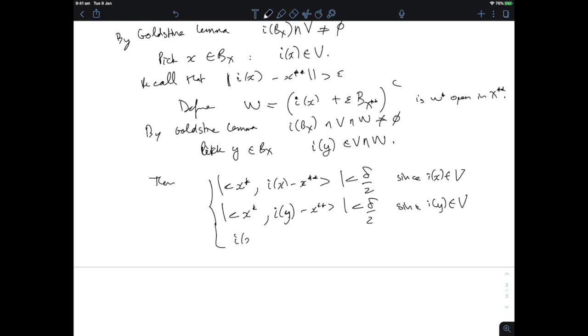On the third hand, the norm of I of x minus I of y is greater than epsilon in the norm of X double star.